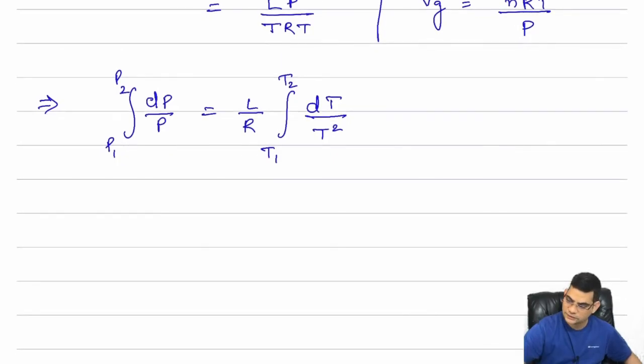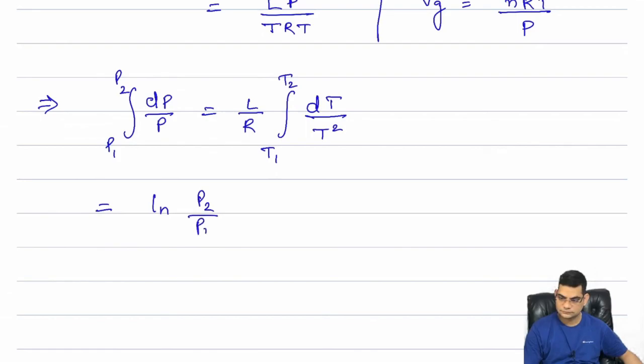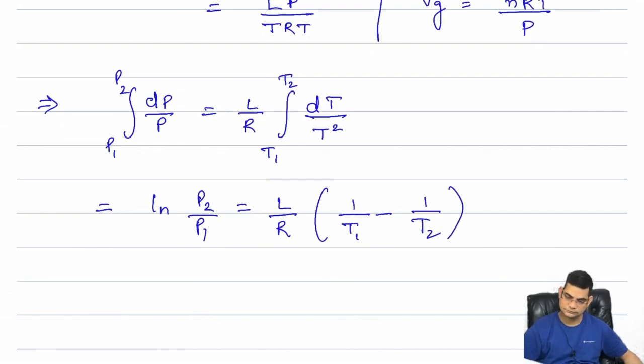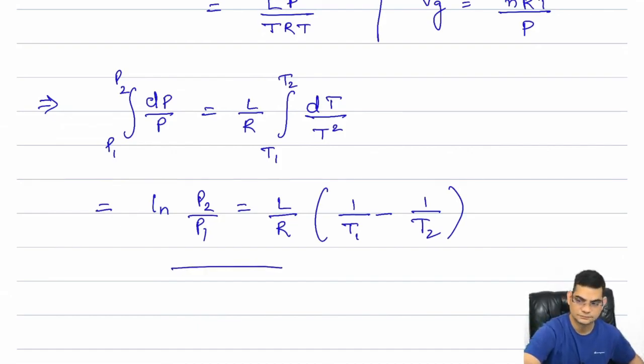If we solve it, then we get ln P2 by P1 is equal to L by R into 1 by T1 minus 1 by T2. That's it. Thank you.